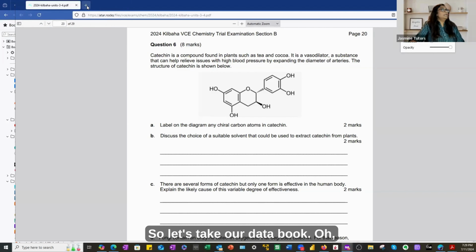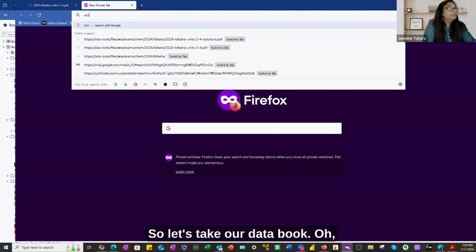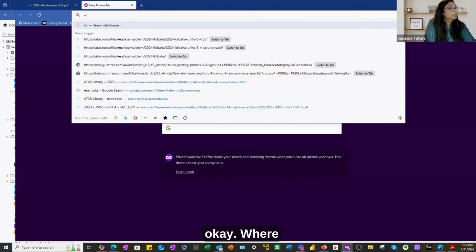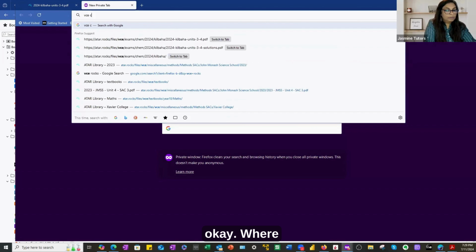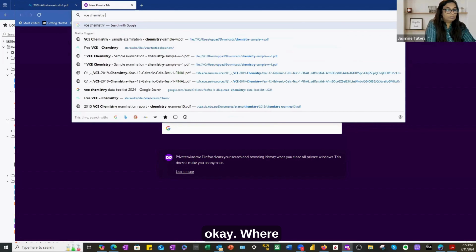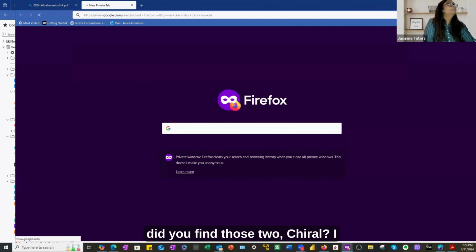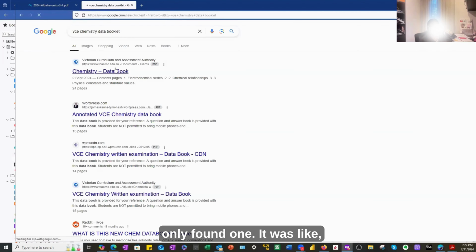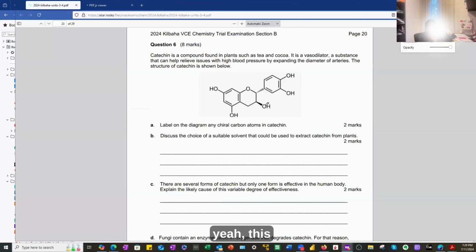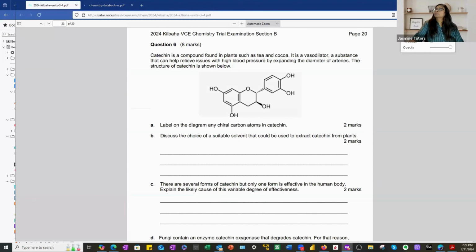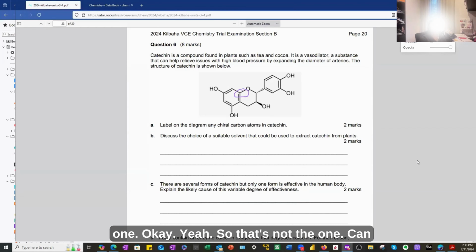All right, so let's take our data booklet out. Where did you find those two chiral carbons? I only found one. This one. Okay, that's not the one.